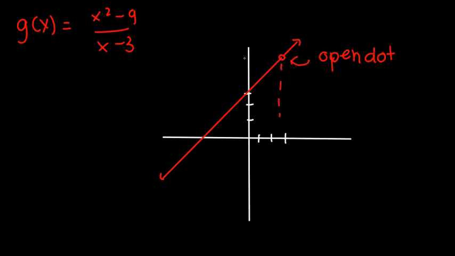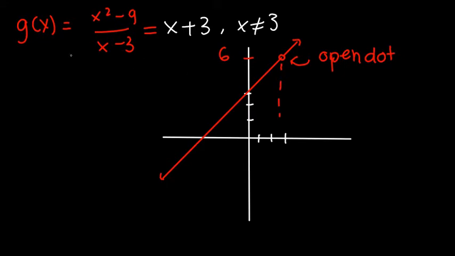This is at what y value? This is at the y value 6, as we'll soon see. So this is basically just equal to the function x plus 3, but x cannot equal 3, because if you were to actually graph x plus 3, then this would be closed instead of open. But we want it to be open, so this is not the same thing. We'll learn about this when we learn how to compute the limit analytically or algebraically.